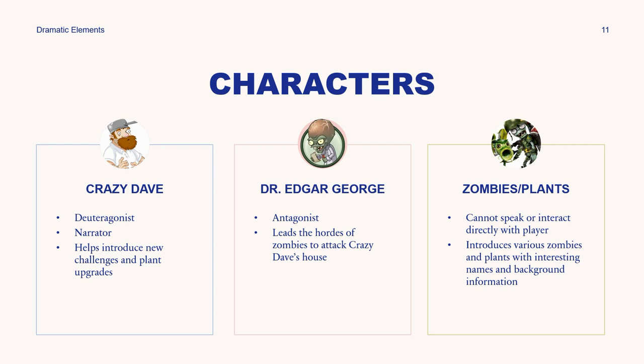The zombies and the plants don't really speak. You can't really interact with them. But what I enjoyed about this game is that they introduce each of these zombies and plants. They give them very special names, and they also introduce some background. So there is an index that gives us information.